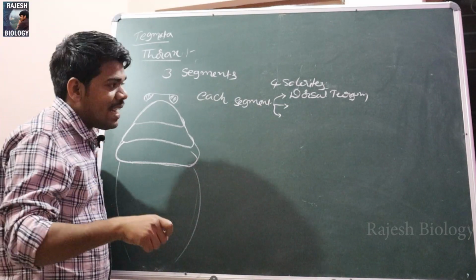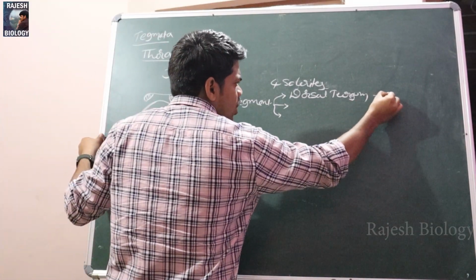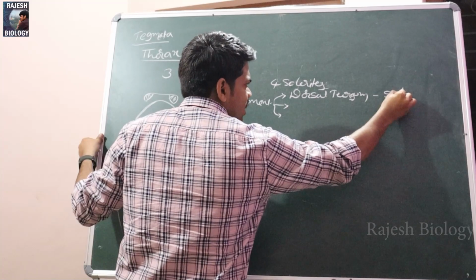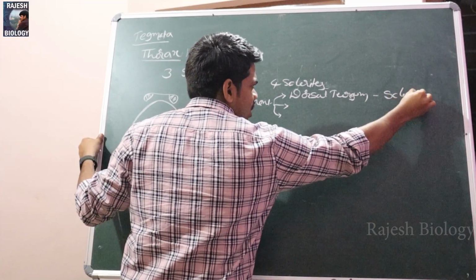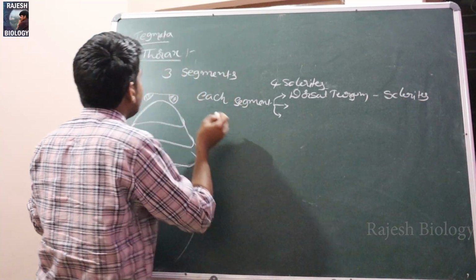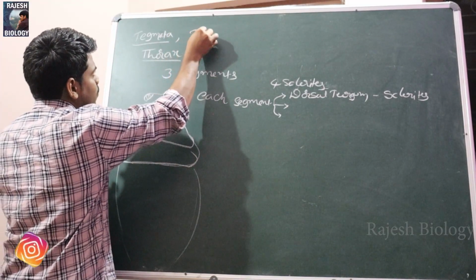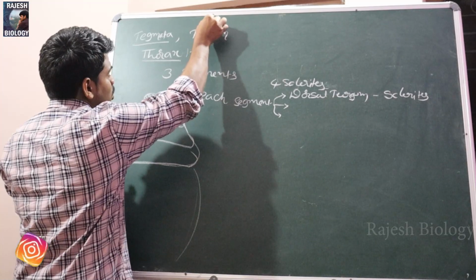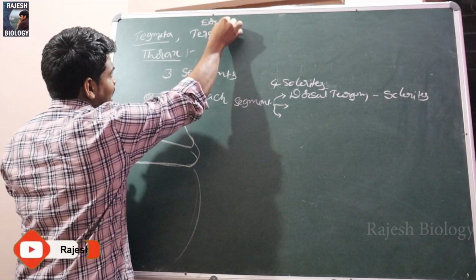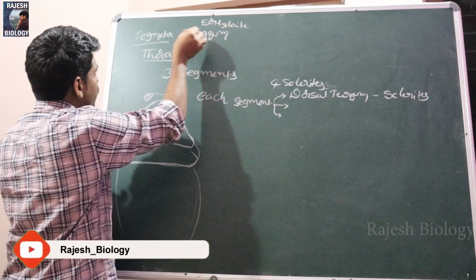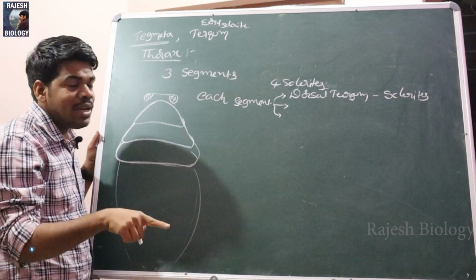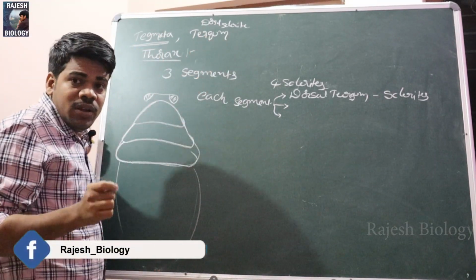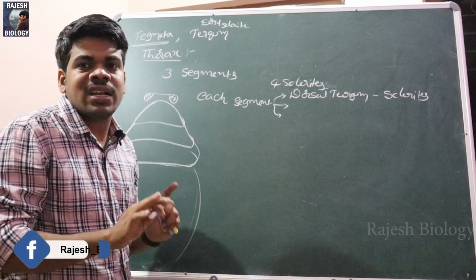The sclerites present on the dorsal side are called tergites. Tergum means dorsal sclerite. Don't confuse: tagma means segment group, tergum means purely dorsal sclerite.